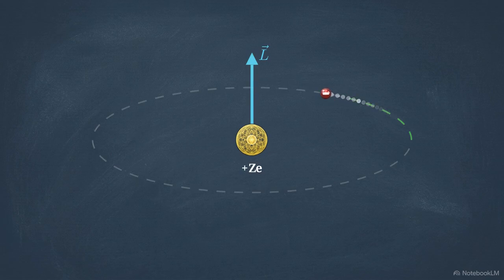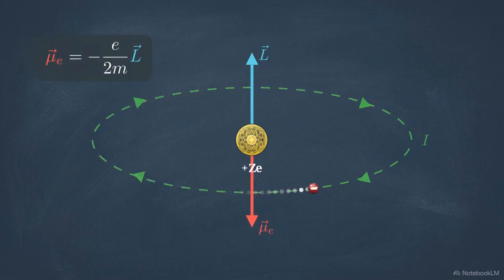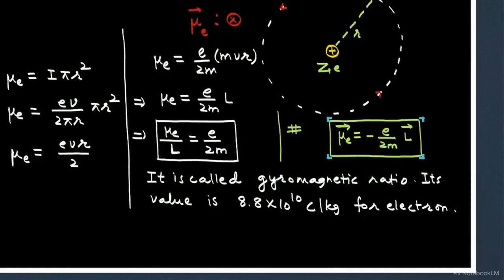Here is the physical catch. Because the electron carries a negative charge, conventional current flows in the exact opposite direction of the actual particle. That reversed flow flips the magnetic moment vector, pointing it straight down. In the final green box here, we formalize this opposition. We introduce vector arrows and a mandatory negative sign, permanently locking the magnetic moment in direct opposition to the angular momentum.